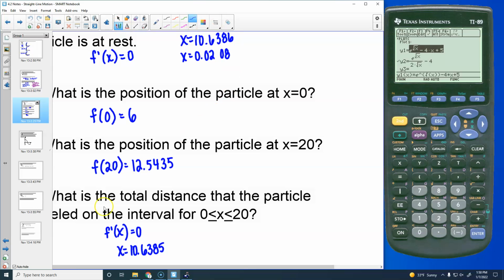Yeah. All right. So I need to back up just a little bit. We were looking at the graph of the derivative.